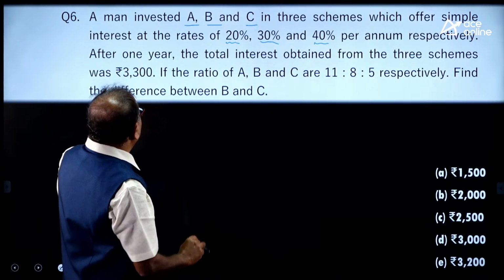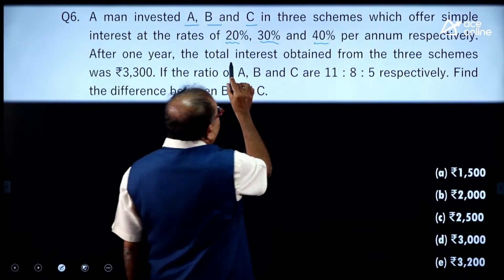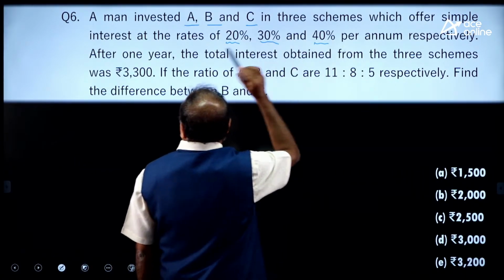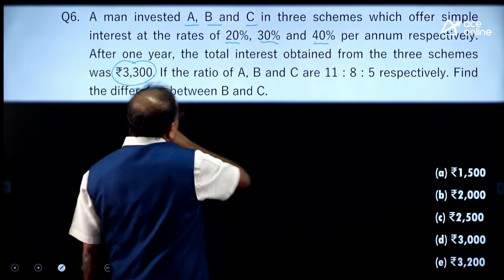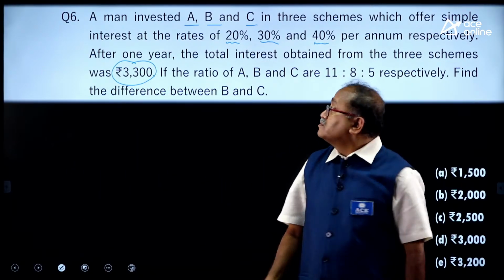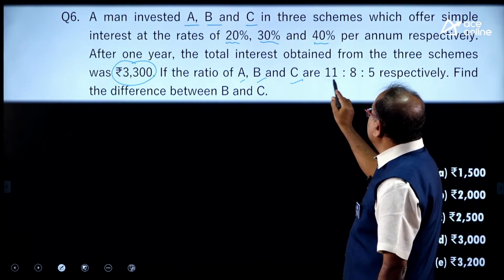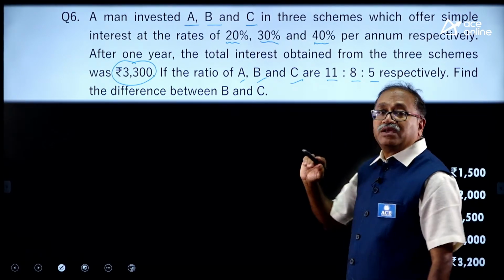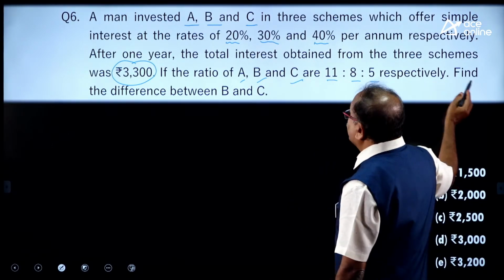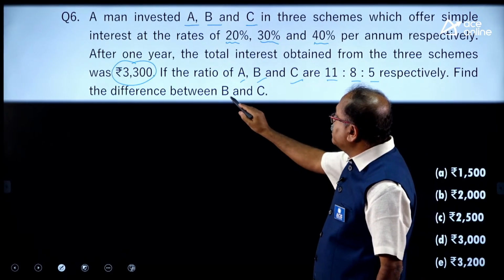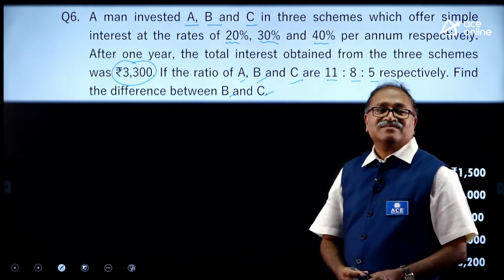Okay. After 1 year, the total interest obtained from the 3 schemes is rupees 3300. Next, the ratio of A, B and C is 11:8:5 respectively. Find the difference between B and C.